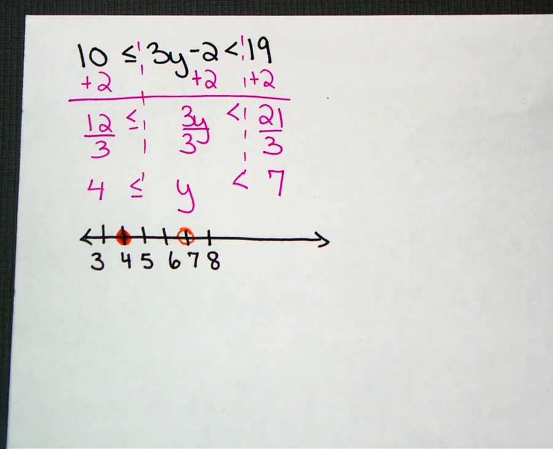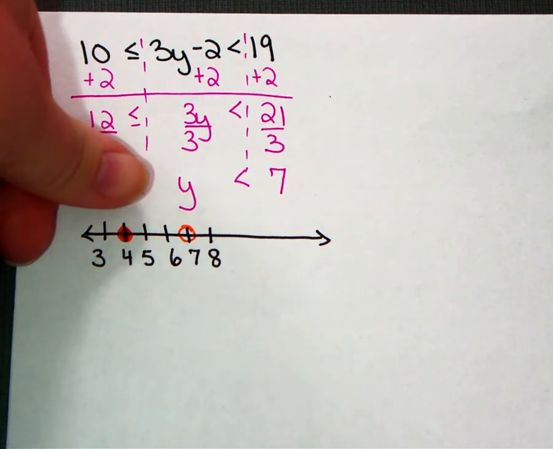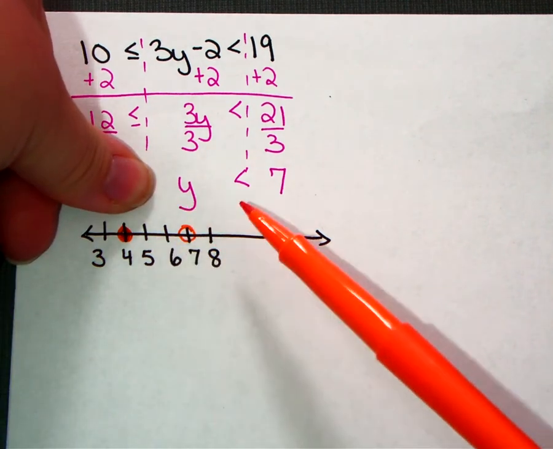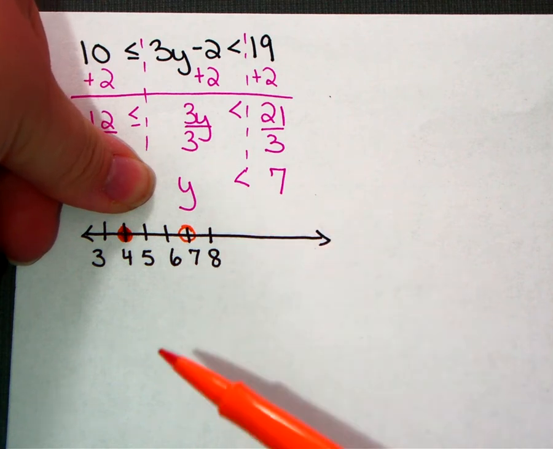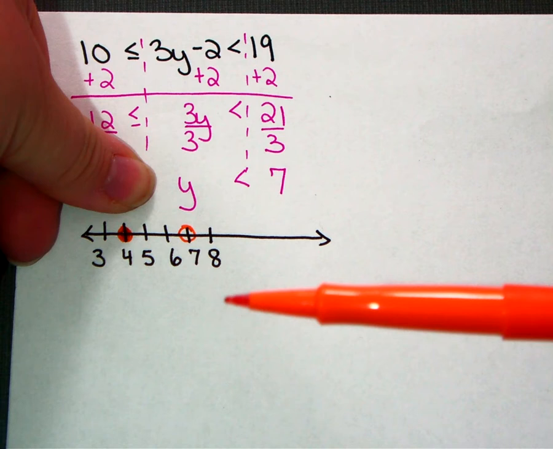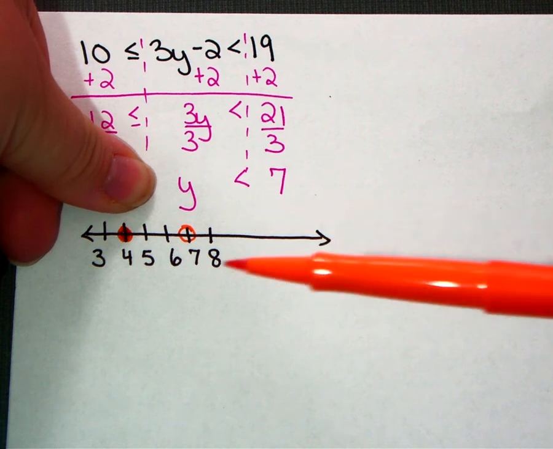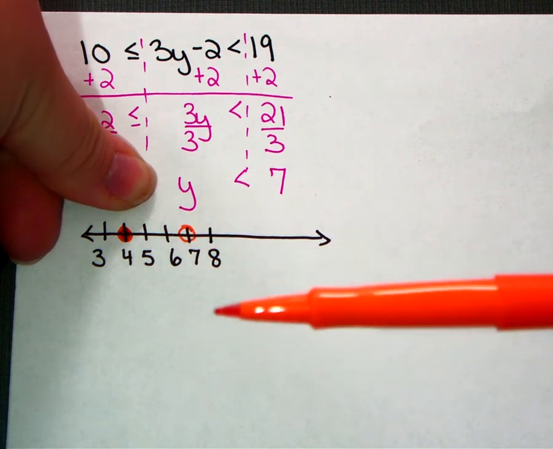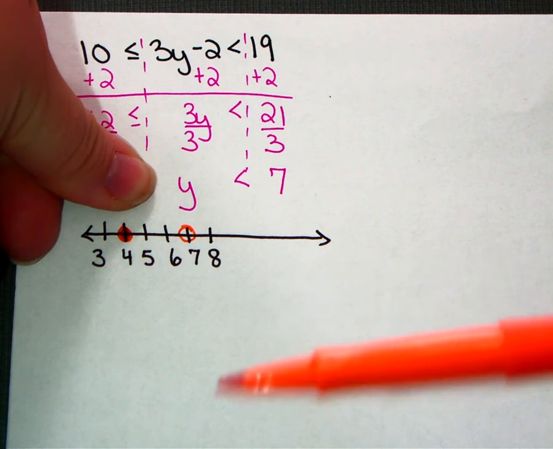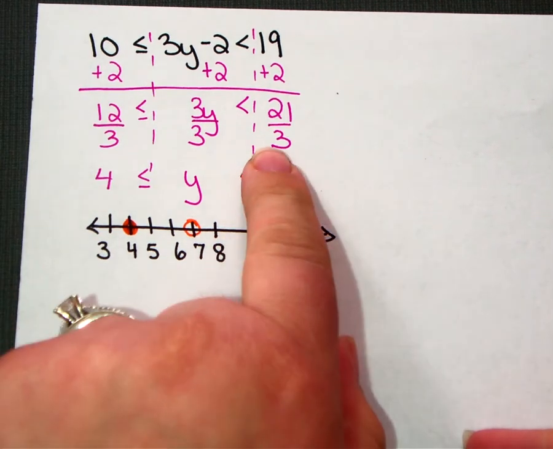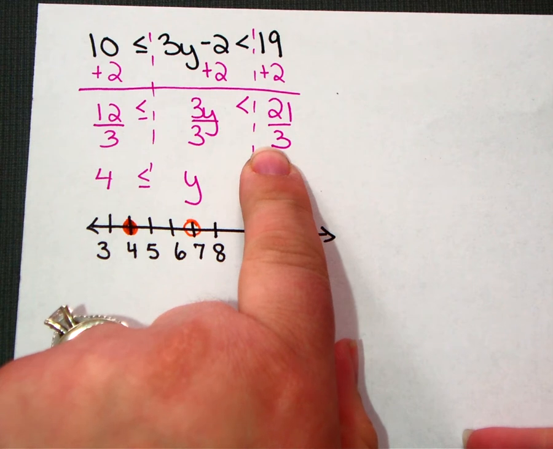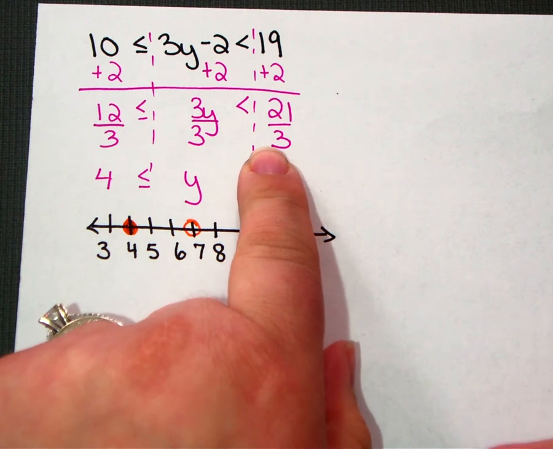Now, the next part is where it can get a little tricky. Over here, with the y is less than 7, it's clear to me that I should shade to the left because y is less than 7 is in VIN form, variable inequality number, with the inequality pointing to the left. But on this side, 4 is less than or equal to y. That's not in variable inequality number.